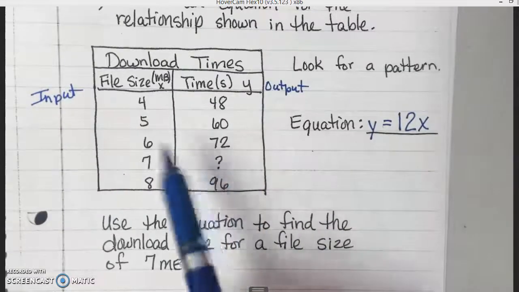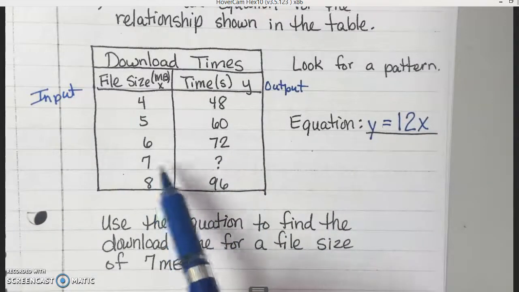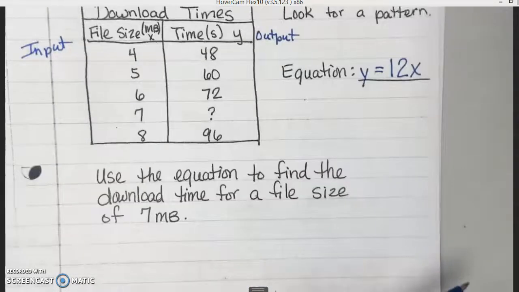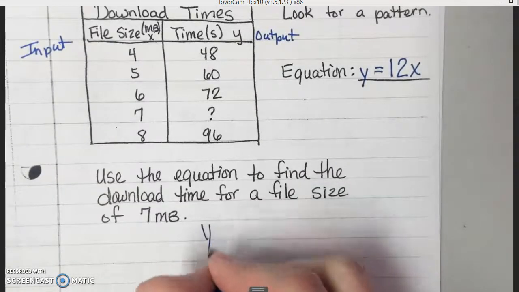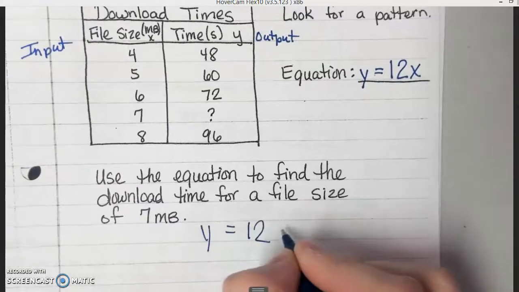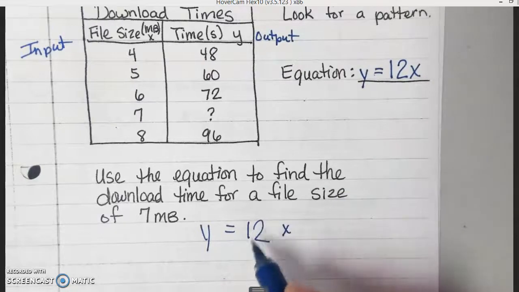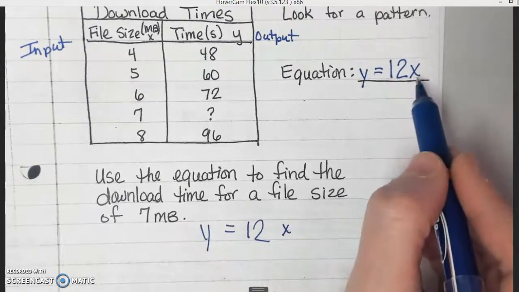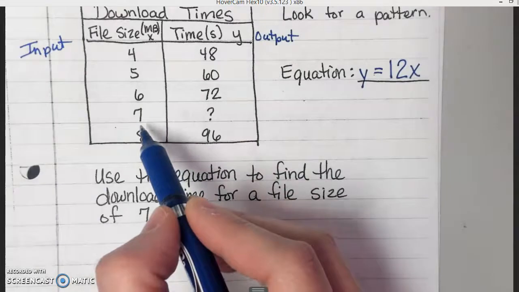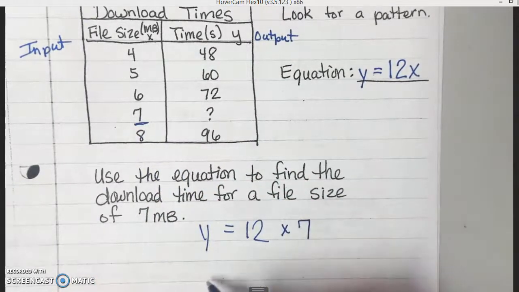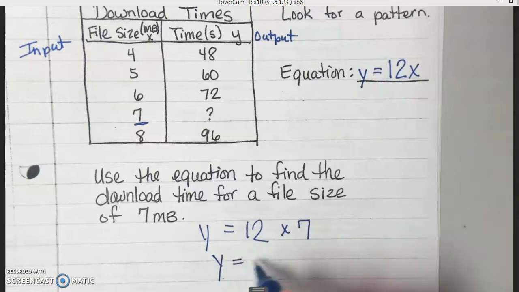And now that I've got that equation, I can go down here to 7 and figure out what Y would be. So I'm going to use my equation. I'm going to put Y equals 12 times, instead of putting in X again, what would X be this time? It's going to be 7. So we're going to say 12 times 7, which would be what? 84.